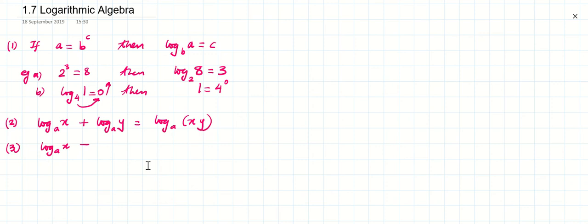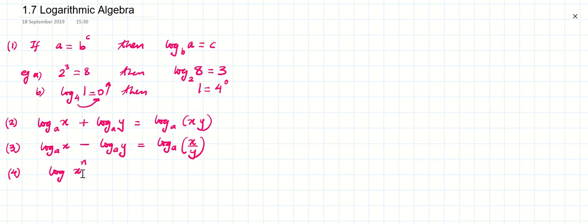Similarly, if you have log x minus log y to the same base a, then the numbers will get divided: log to the base a, x over y. Now the equal to sign means you can also say log xy is equal to log x plus log y, and log x upon y is equal to log x minus log y. You can say it the other way also. It's the same thing. It doesn't matter.